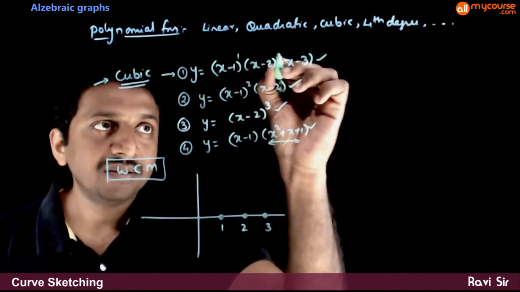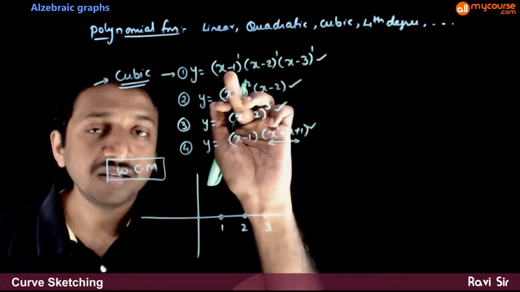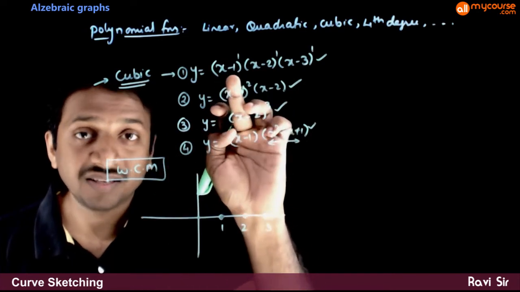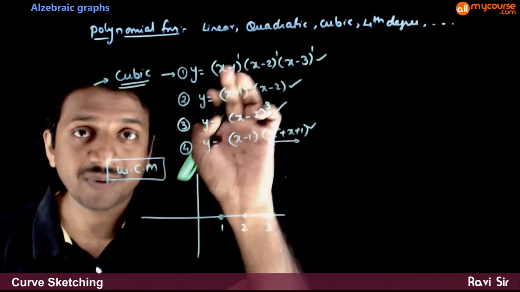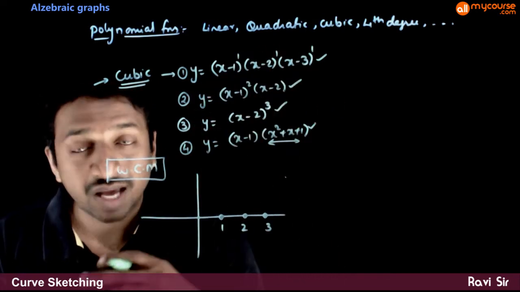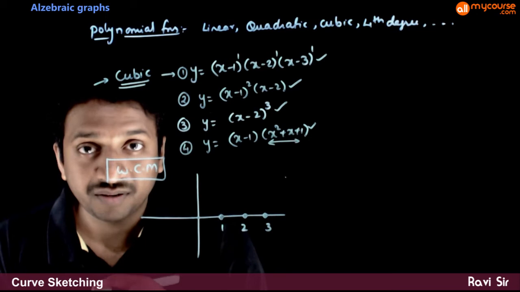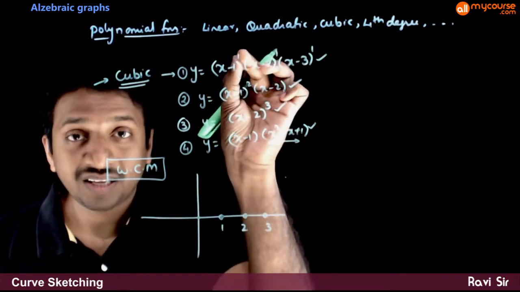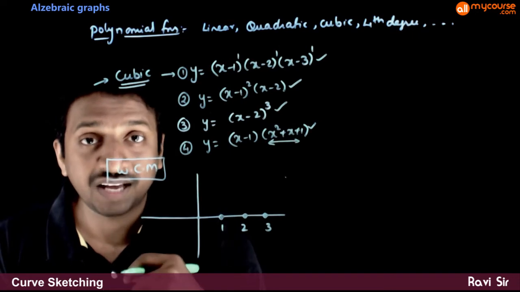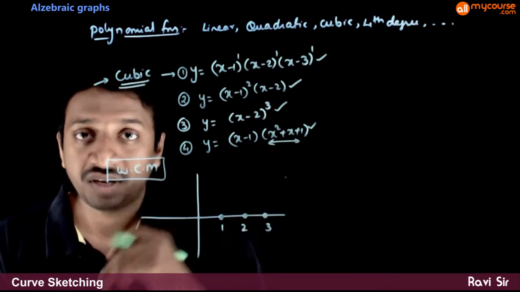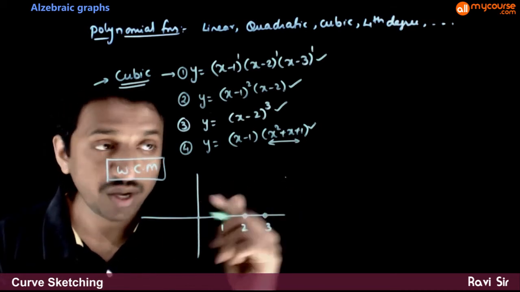So all the zeros have odd powers, that is, 1 is a zero and the corresponding power of x minus 1 is 1. X minus 2 is 1, x minus 3 is 1. So I am using the concept of wavy curve method. If the power of the corresponding factor is odd, you can directly draw the wavy curve in this way.